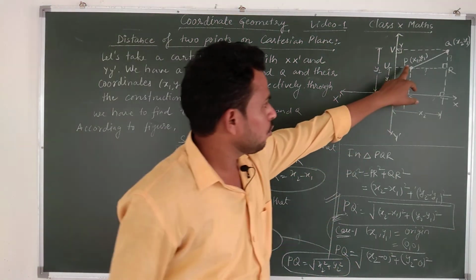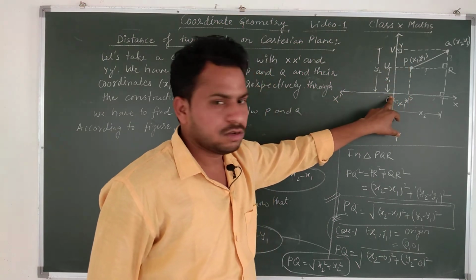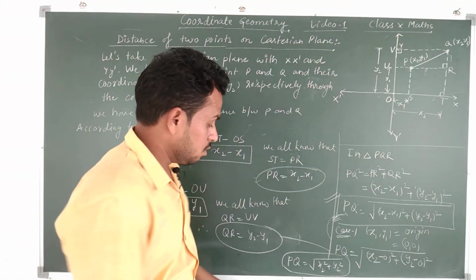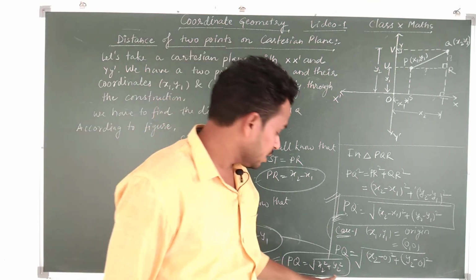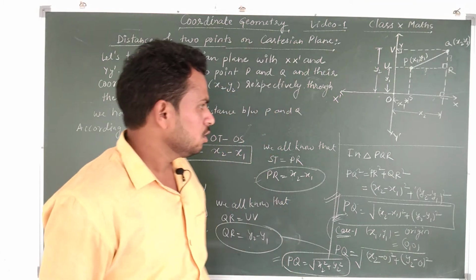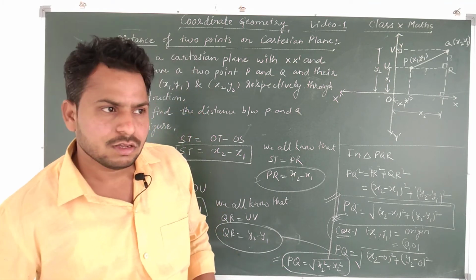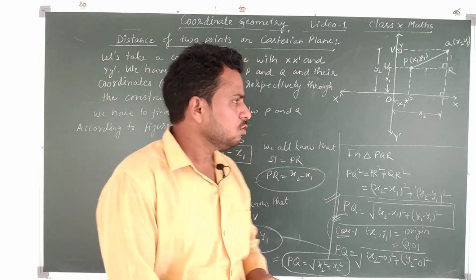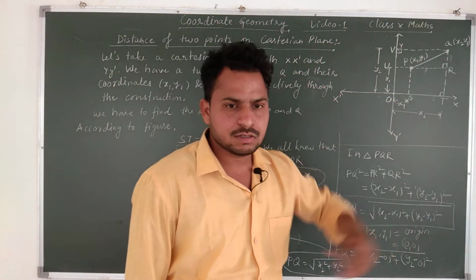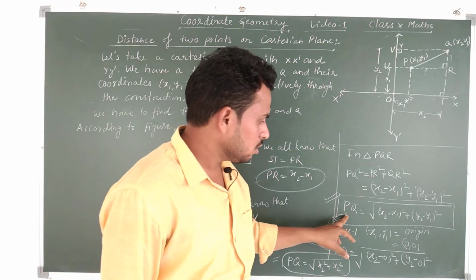When point P coincides with the origin, the distance PQ is the square root of x2 square plus y2 square. So this is the formula to find the distance between any 2 points.